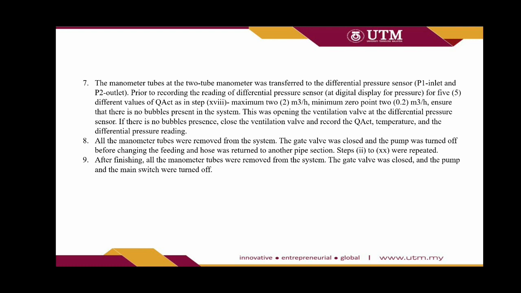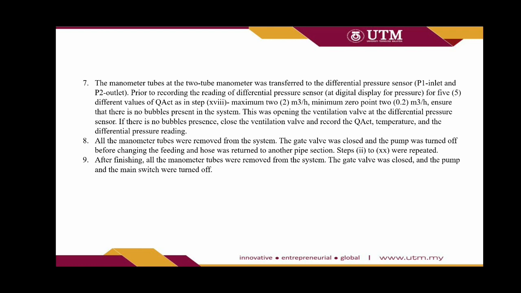Prior to recording the readings of the differential pressure sensor for 5 different values of QH as in the previous step, maximum 2, minimum 0.2, ensure that there are no bubbles present in the system. This was done by opening the ventilation valve at the differential pressure sensor. If there are no bubbles present, close the ventilation valve and record the QH, temperature, and the differential pressure reading.